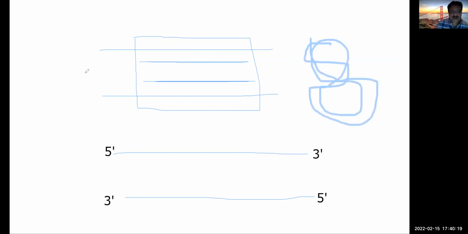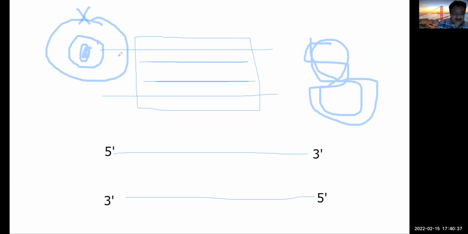Let's say there's a cell. This cell has a nucleus. In the nucleus, there is our DNA. To get to the DNA, we first have to break the cell wall, get rid of all the unwanted protein, destroy the nuclear membrane, and then get access to the DNA, and then this DNA is extracted.